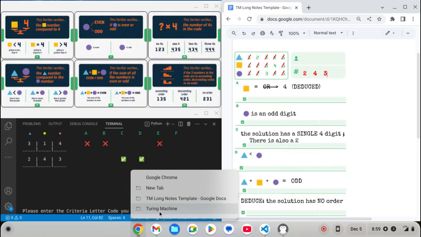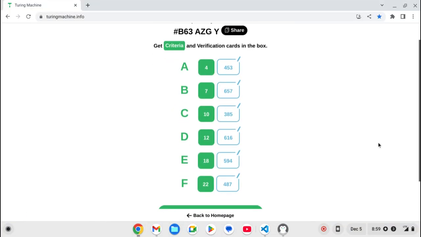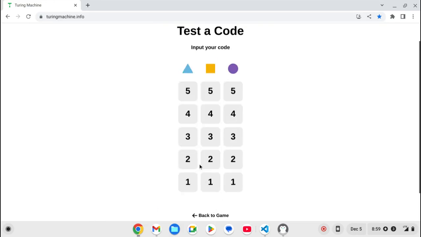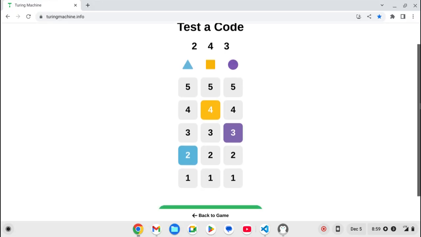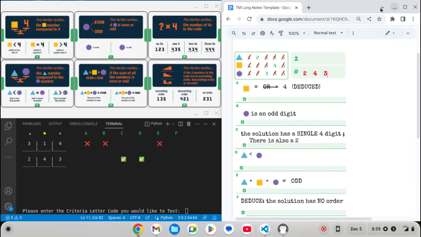So let's go verify. 2, 4, 3 as our solution. 2, 4, 3, and let's see. Well, fantastic, yes. And how do we do versus a Turing machine? Well, the puzzle is a 6 criteria card puzzle, and we only had to do 5 tests. So that's very promising.